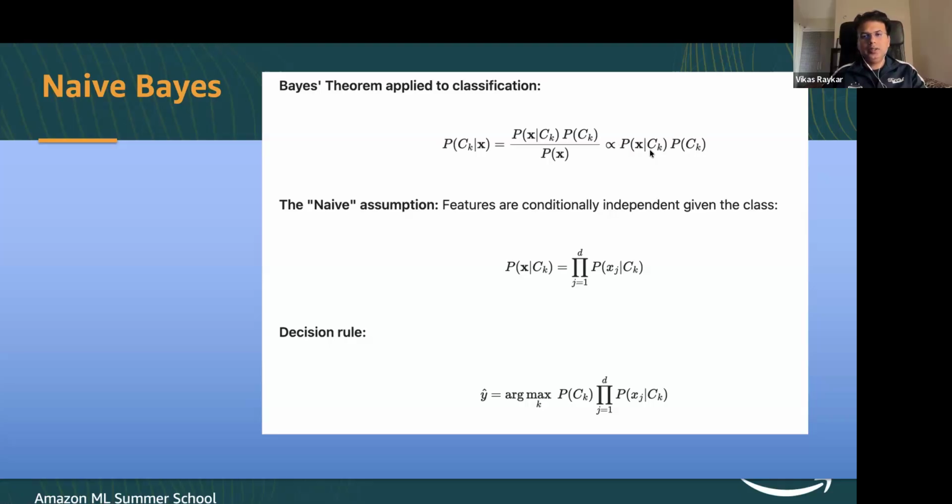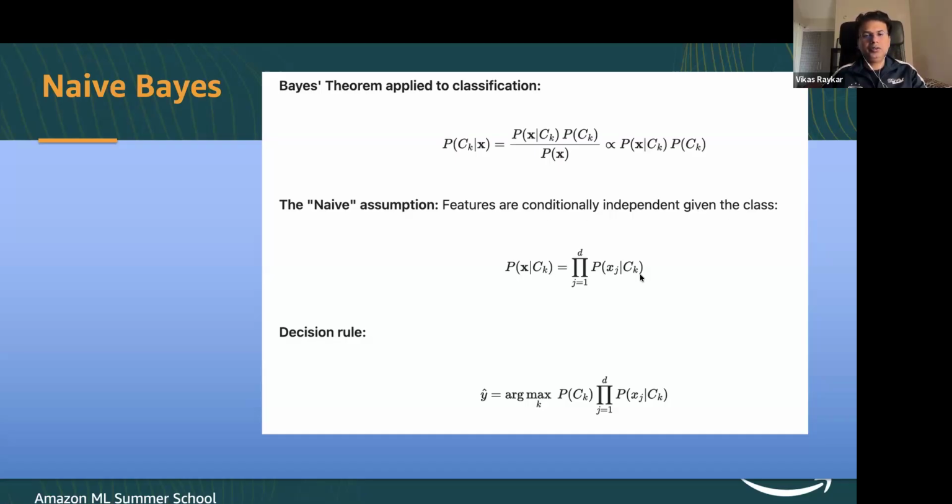Now we want to calculate what is called the likelihood, which is probability of X given CK. Given the class CK, how are my features distributed and what is the model for it? The reason it is called naive Bayes is because it makes a very simple assumption: that features are conditionally independent given the class.